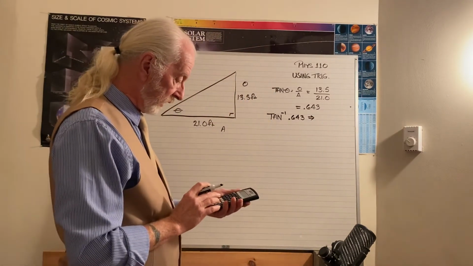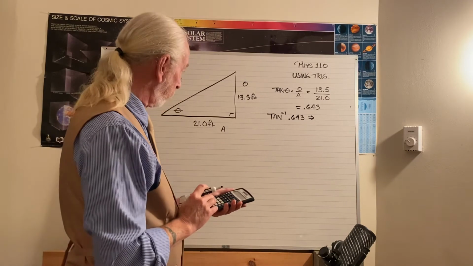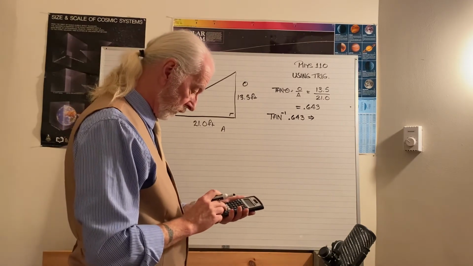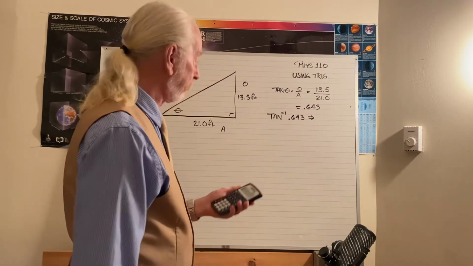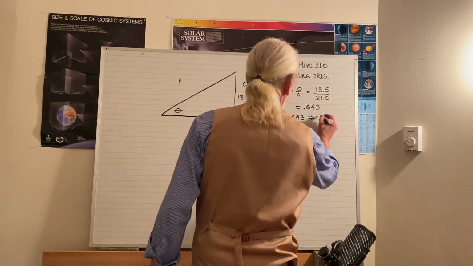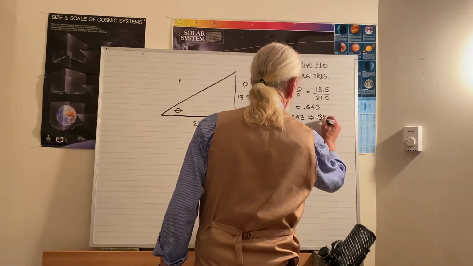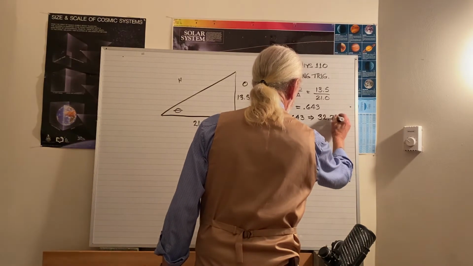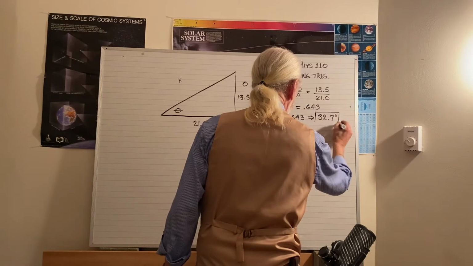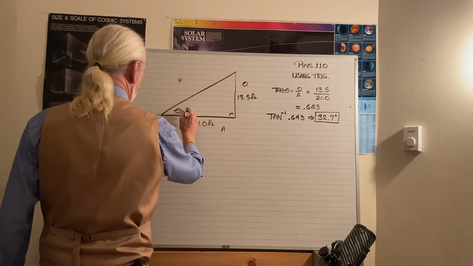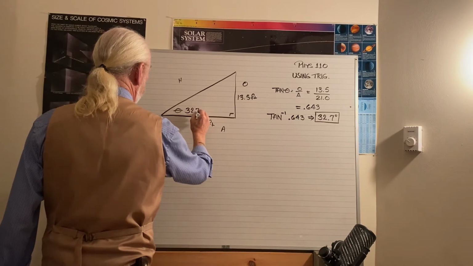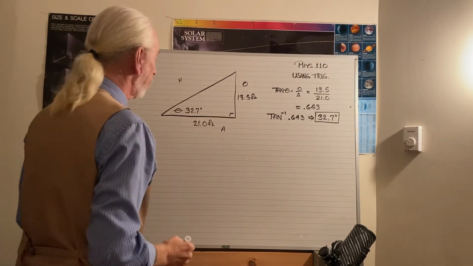So I got tan -1, and I'm going to punch in 0.643. Hit enter, and I get 32.7 degrees. So now I know the angle.